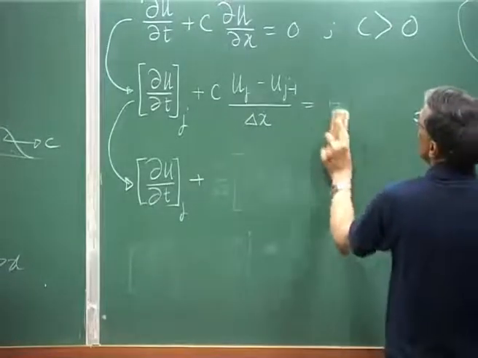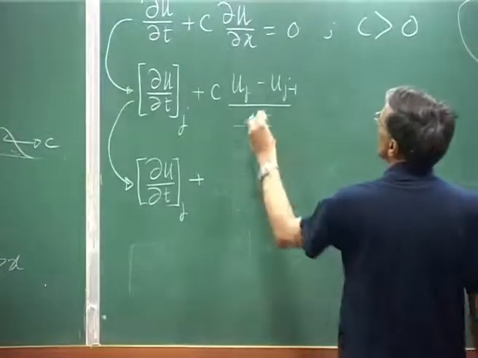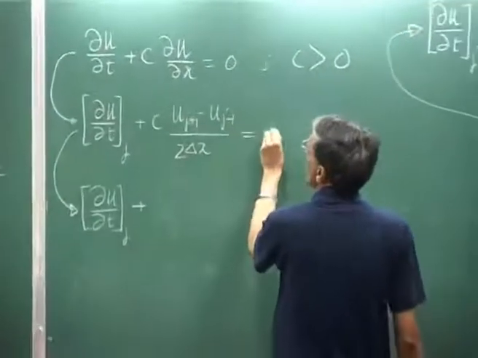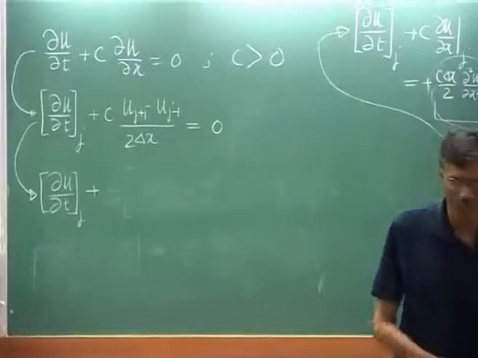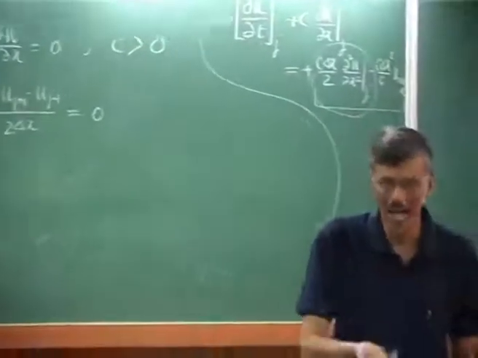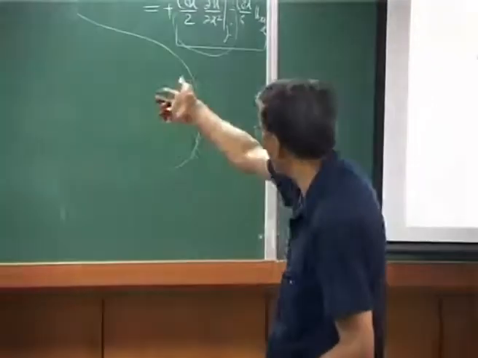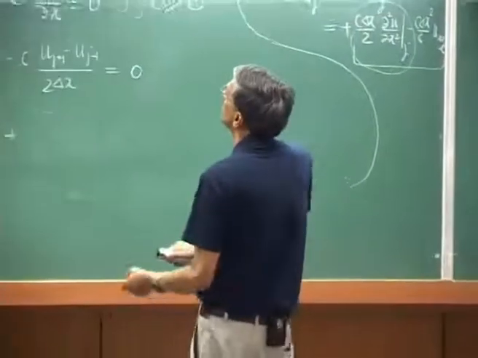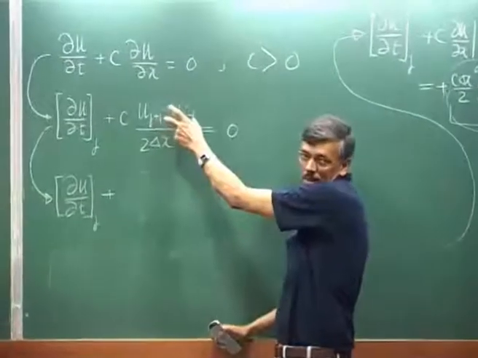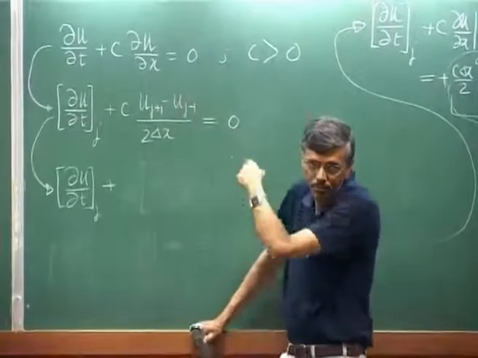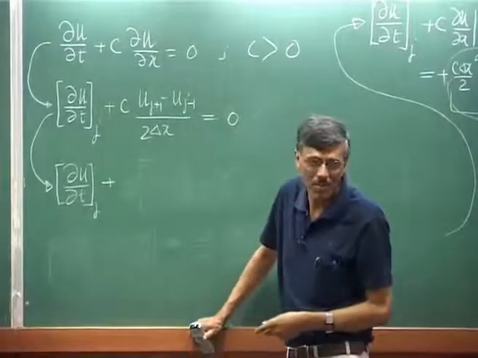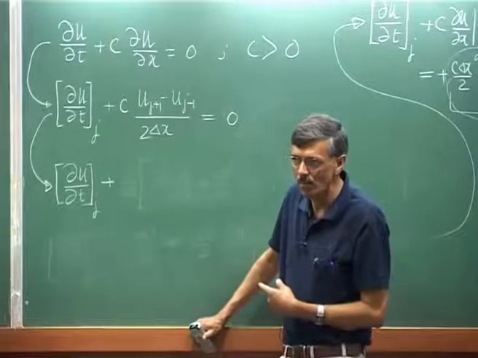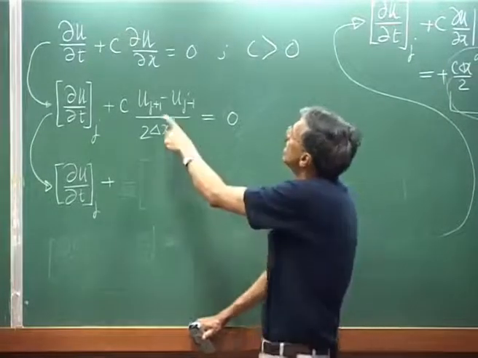So, here what we would do, let us say we do this, and we have already noted that this is a higher order accurate term, in the sense that you can write down the Taylor series expansion. What would you get? The odd derivatives would disappear, right, is it not.